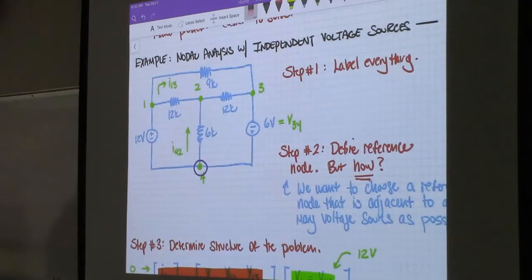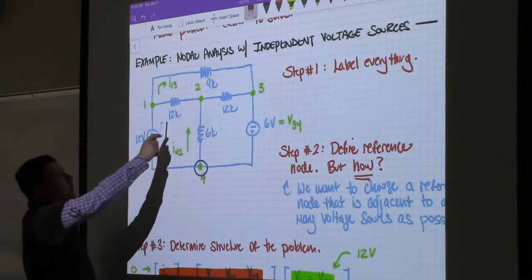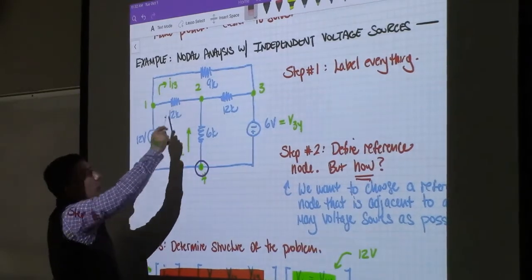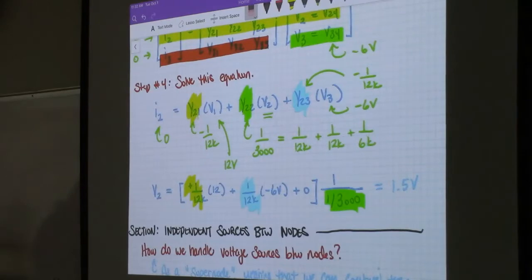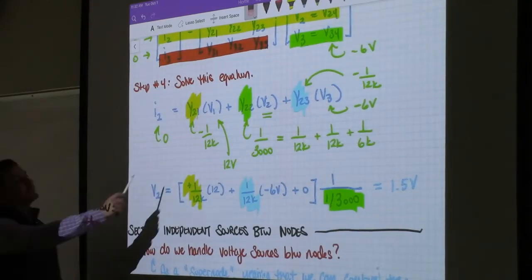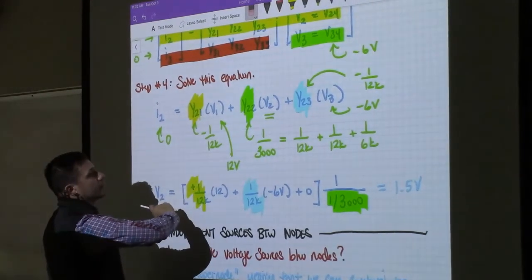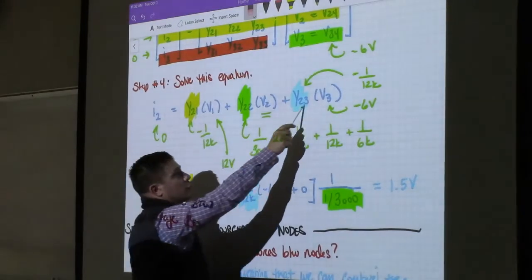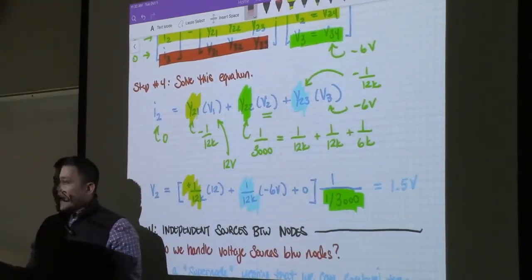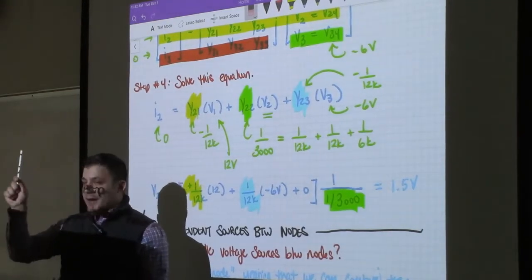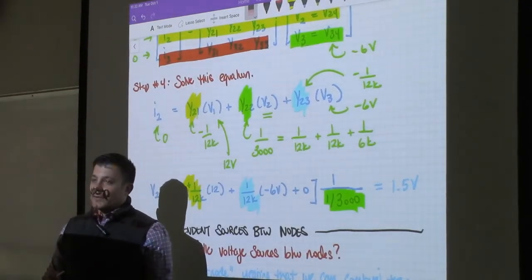Between nodes 1 and 2, there's 12 kiloohms. So it'll be negative 1 over 12,000. And that's what we have right here. Y23, same thing. Between nodes 2 and 3, there's again a 12 kiloohm resistor, so we end up with negative 1 over 12,000.